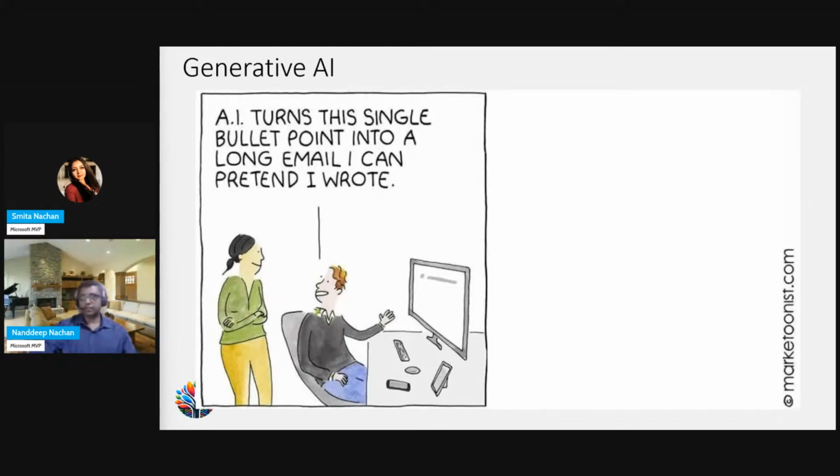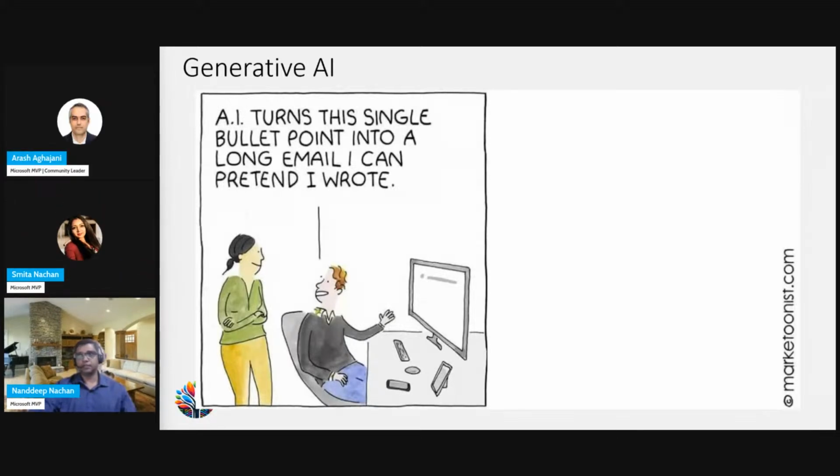This is just one meme that I came across when it comes to generative AI. There is one person who probably has just one bullet point of information, but he wants to pretend that he knows more, and he is using generative AI to turn that single bullet point into a long email so that he can pretend he has written that long email.